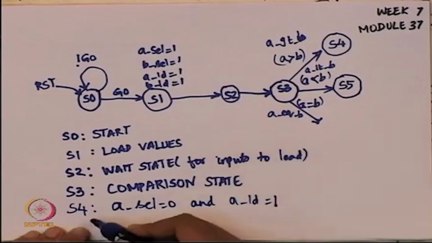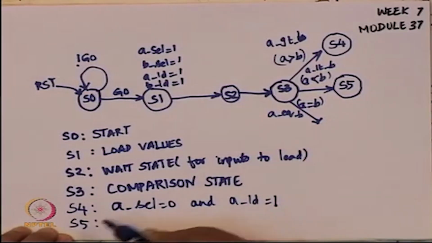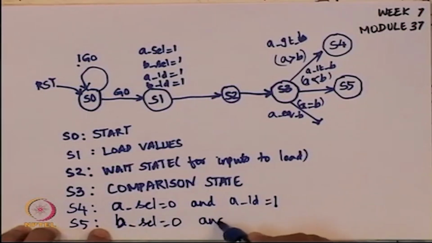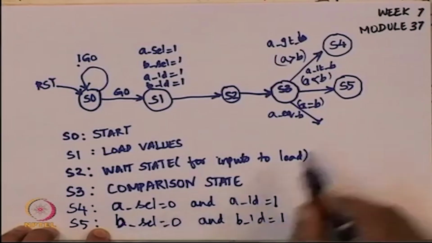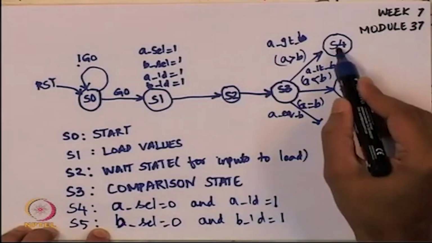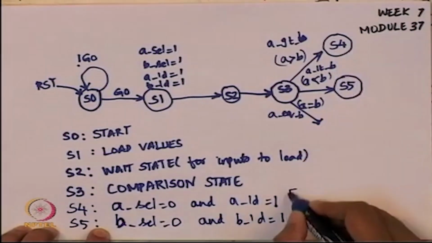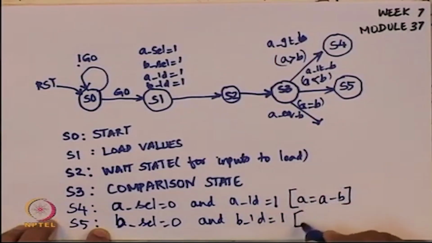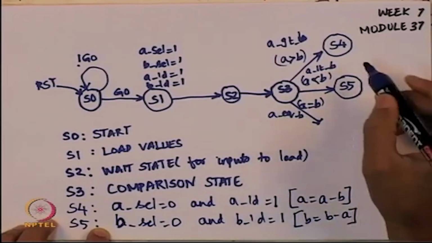In S5 I have to do the reverse: B select equals 0 and B load must become 1. The reason is we want B equals B minus A. So, S4 is for accomplishing A equals A minus B, and S5 is for accomplishing B equals B minus A.